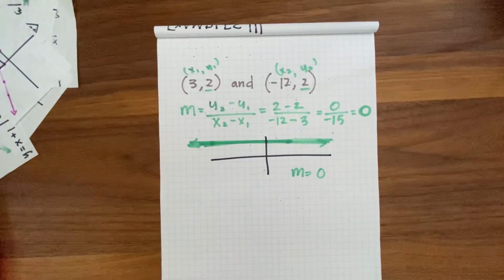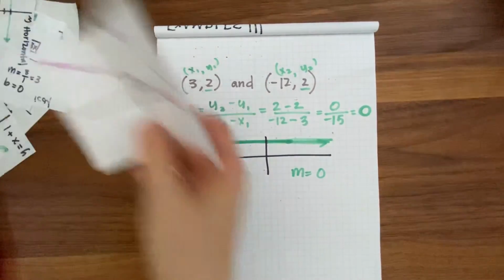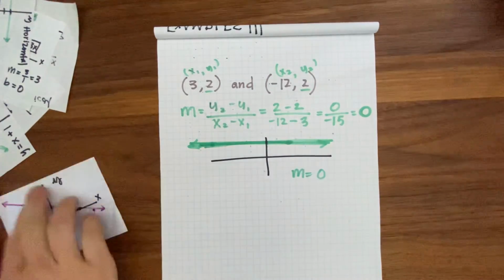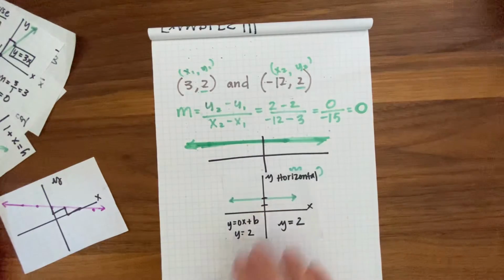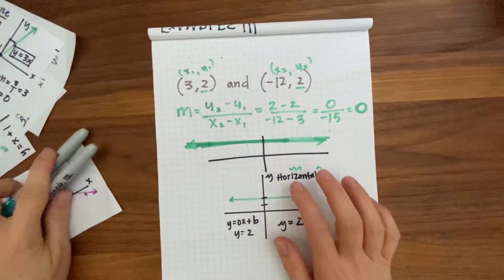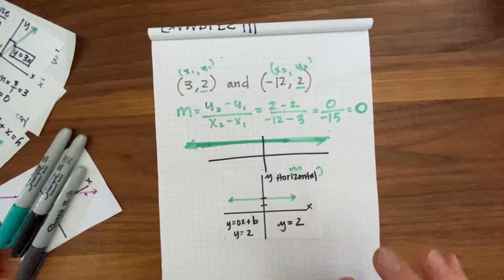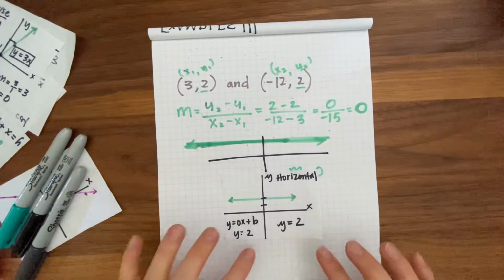So know that you can always go back and think about the line visually. This is a horizontal line, but now we have a new tool in our toolkit.